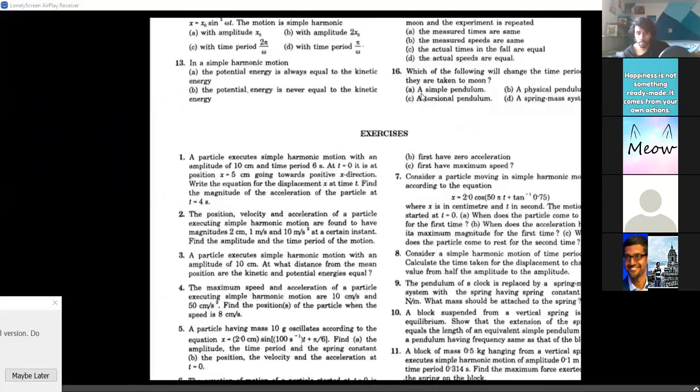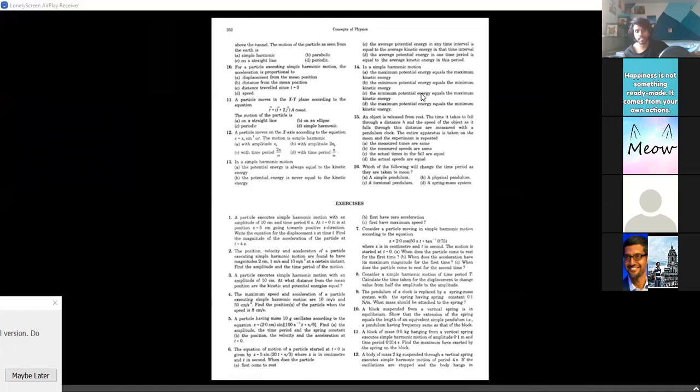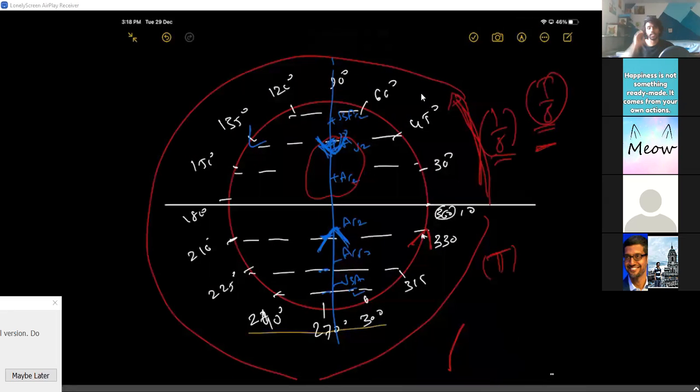Try exercise questions 1 to 7, 8, 9. Put some effort into it. There is a chance that you might get it. If you don't get it, it's totally fine. By tomorrow you will get a complete idea of the structure.